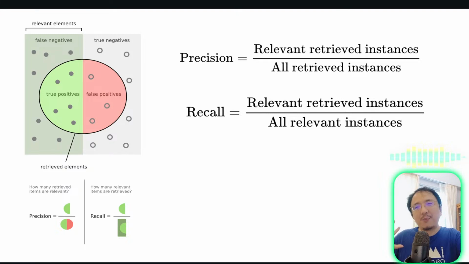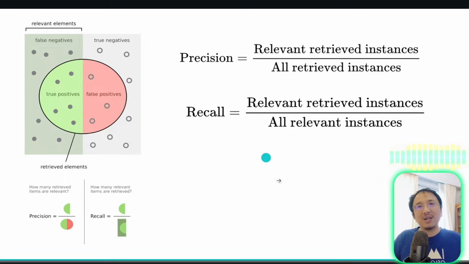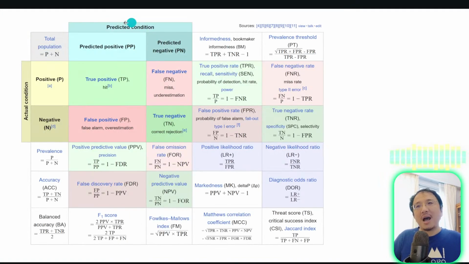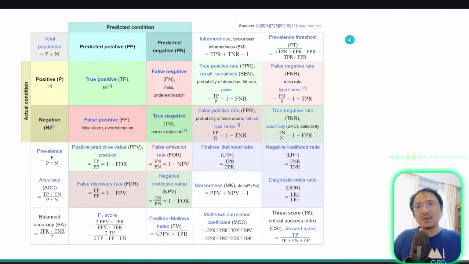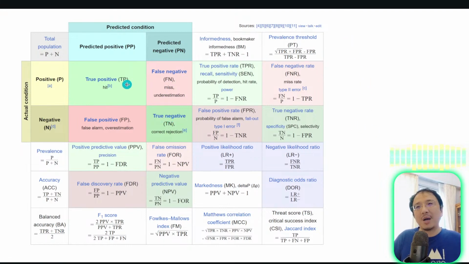A lot of them are pretty much the same thing. You can check the graph in Wikipedia. They have a very good graph to explain the definition of all these things, and a table to list all of this terminology, like what is a true positive, for example, what is a false negative.